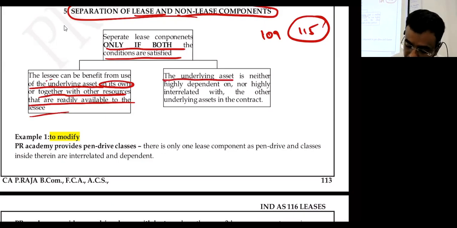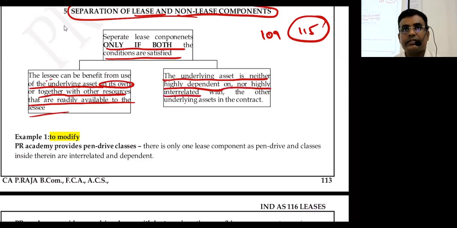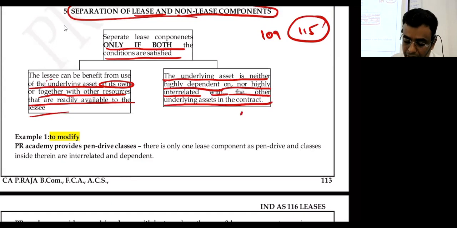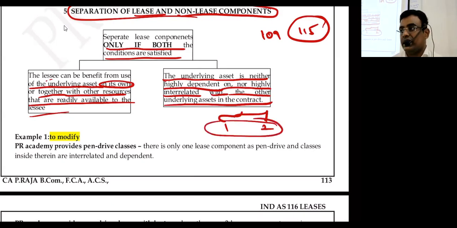Next, the underlying asset is neither highly dependent nor highly interrelated with other underlying assets in the contract. It means I have a contract with two different underlying assets, and both are dependent or interrelated. Then I will say these two together are one lease. If the customer benefits from one asset, does not benefit from the second asset, and the two are not interrelated, then the second asset is not a lease contract.